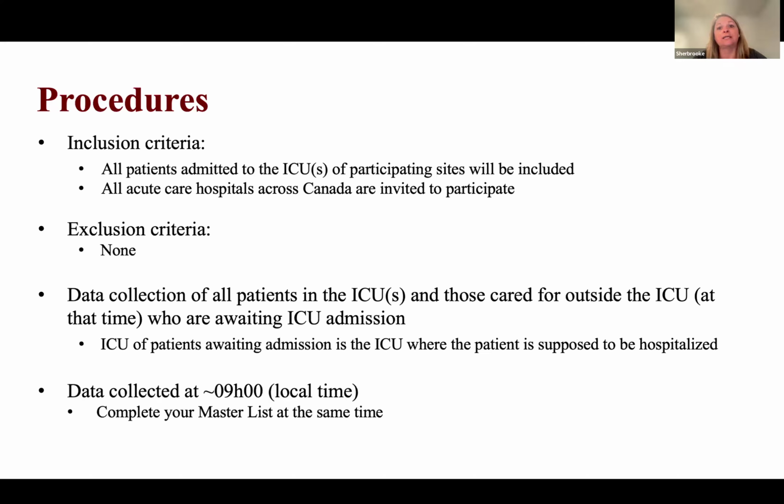You will take your master list and make sure to collect the medical chart number of each patient that is hospitalized in your ICU, plus all the patients that are awaiting ICU admission. So what does it mean? If you have, let's say, one patient in the emergency room that is under the care of the ICU physician, but waiting for a bed in the ICU, this patient must be included.